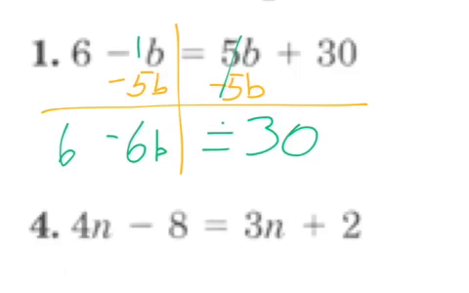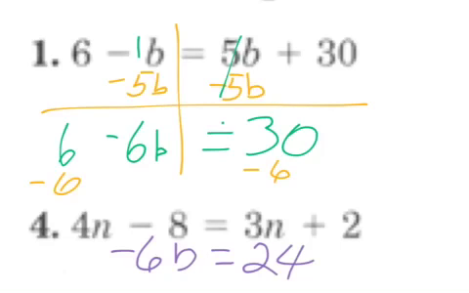Our next step is going to be moving this constant, 6, and we're going to do that by subtracting it on the left and on the right. What that leaves us with is negative 6b equals 30 minus 6, which is 24.